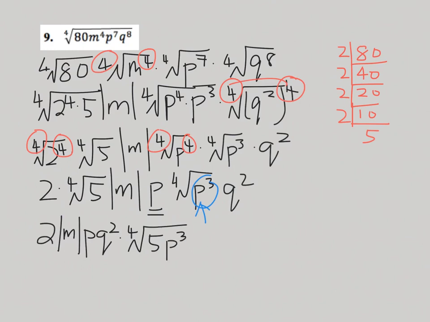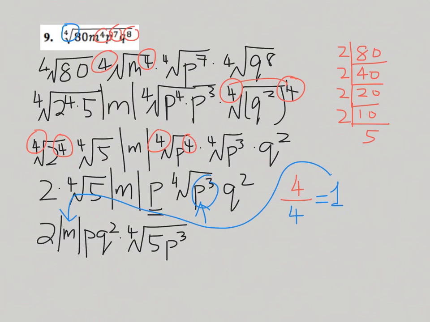And if you would like to use the shortcut method, you can think about the exponents of the variable in the radicand. So for example, here we have m to the 4th, p to the 7th, and q to the 8th. So for m, you will take 4 divided by the index of the radical, and you end up with 1, and that is the exponent of m here.